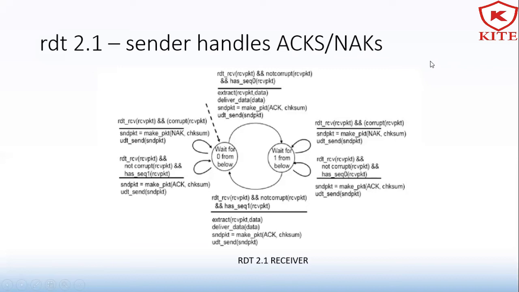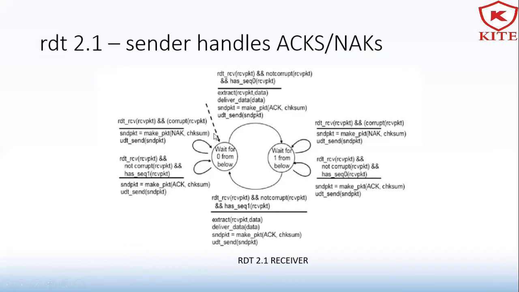So a packet is created and sent to the sender. But in case the packet received is not corrupted and has the sequence number 1 instead of 0, it extracts the data from the packet and delivers the data to the above layer using the deliver_data function. Here it creates a packet with the acknowledgement and checksum field value, and sends that packet to the sender.